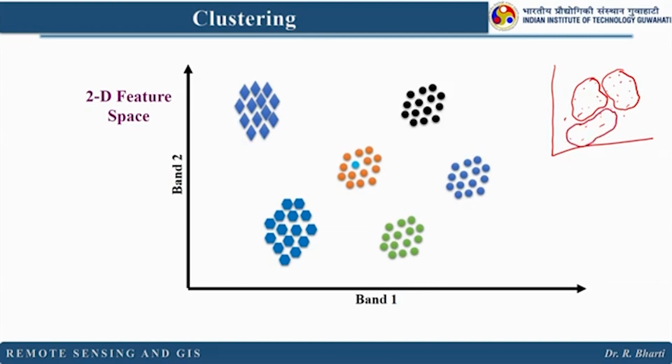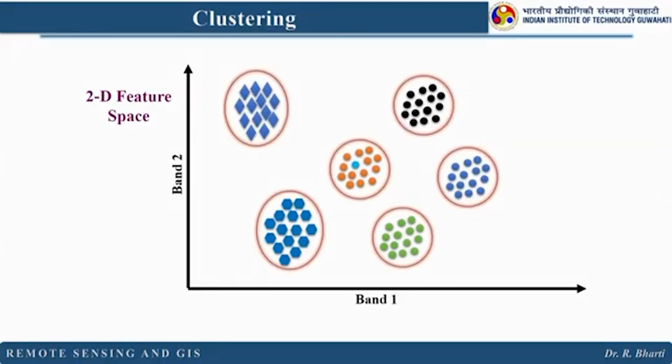So based on this you will say this is class 1 or cluster 1, which is forest, water or urban area. So here the same thing, but in ideal condition I have demonstrated here. So you can see 1, 2, 3, 4, 5, 6 classes are here, right?